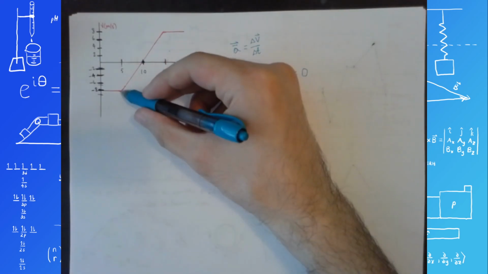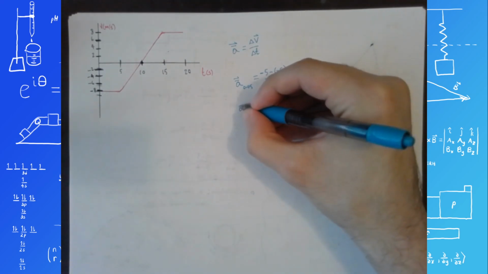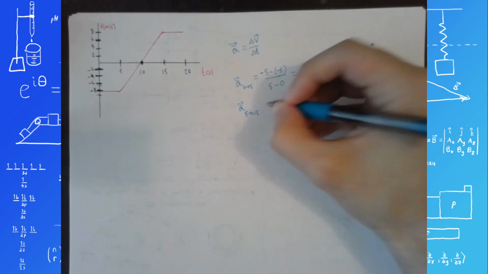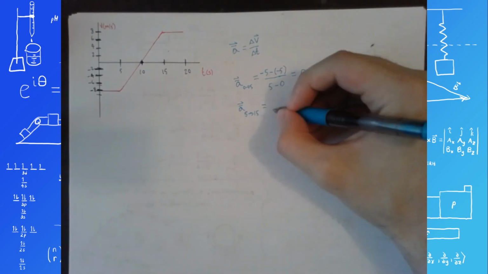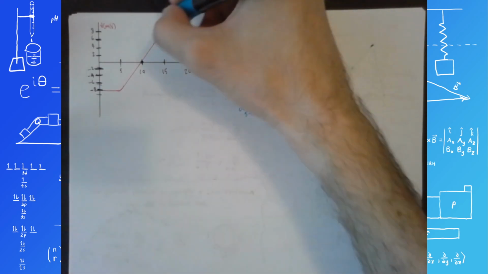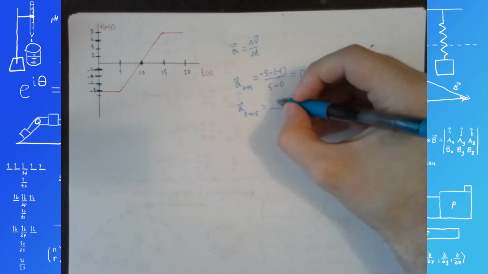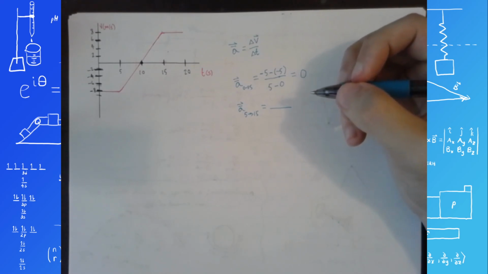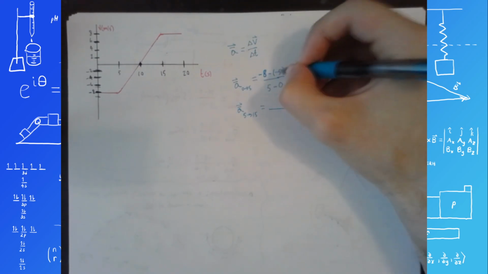So from 5 to 15, average acceleration from 5 to 15 seconds is equal to velocity at 15 is approximately... Oh, wait. I just realized I copied the wrong numbers. These velocities were 8s.